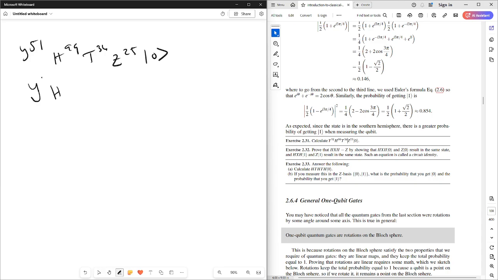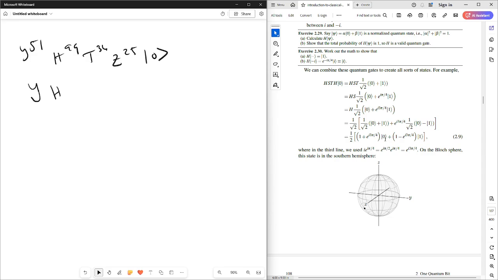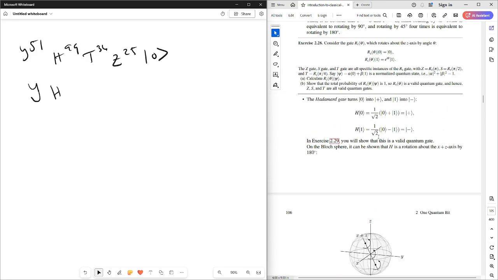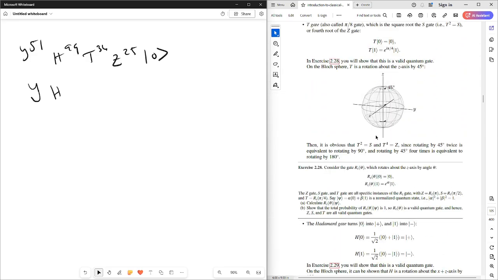T gates are a little bit different. They're 45 degrees, so it takes 8 T gates to be an identity. So we've got 36. 8 T gates is an identity.